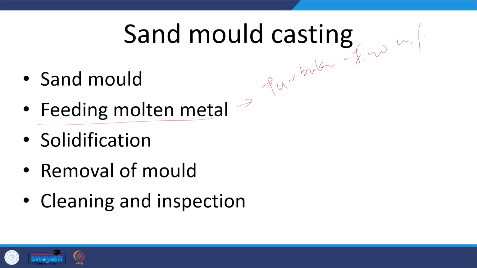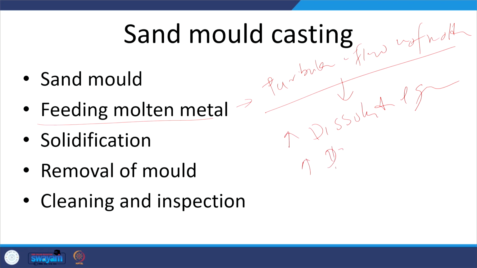If there is turbulence, then there will be increased dissolution of the gases in the molten metal and an increased tendency of erosion of the mold wall. So the mold will get damaged or more gases will get dissolved. These will promote defects in the form of porosity and inclusions, and erosion of the mold wall will change the shape of the casting.